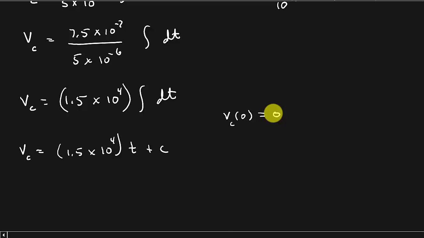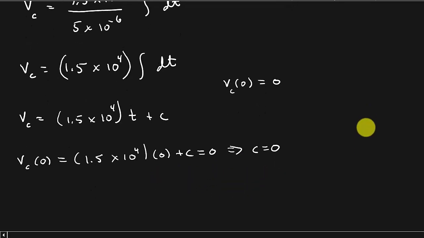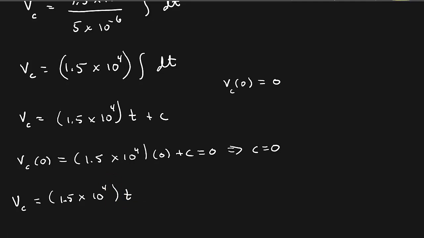At time t equals 0, the voltage is 0. So I've got VC of 0 is equal to 1.5 times 10 to the 4th times 0 plus C equals 0. So this tells me C is 0, and VC is just equal to 1.5 times 10 to the 4th times t.